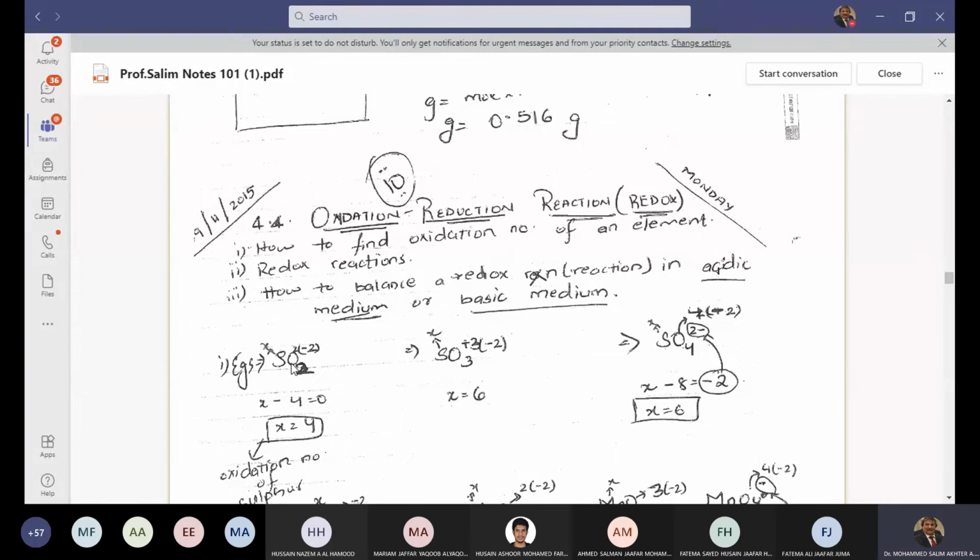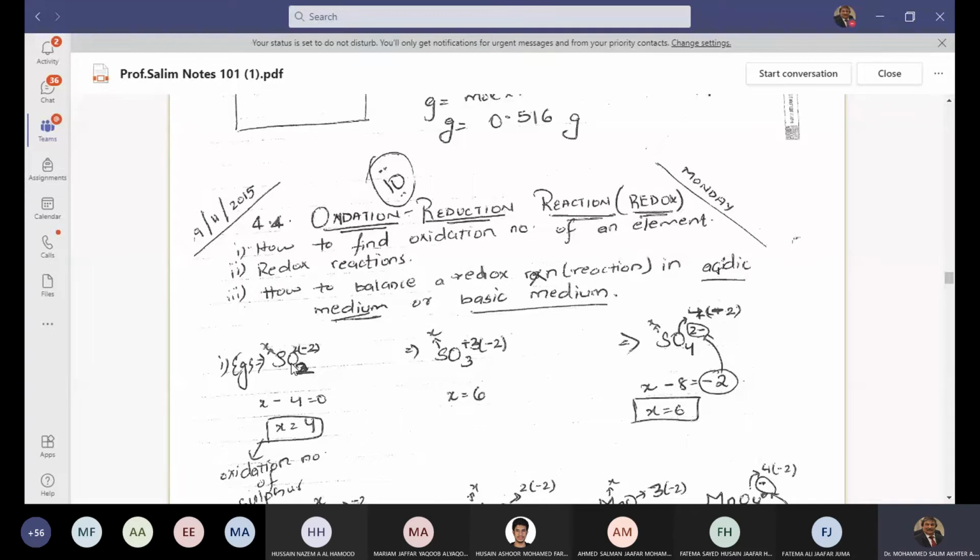You call it X. So 2 times -2, I call sulfur X. So X plus 2 times -2 equals 0. Always remember, for a given molecule, if there is no charge, make it equal to 0. So what will be my X? X is equal to +4.